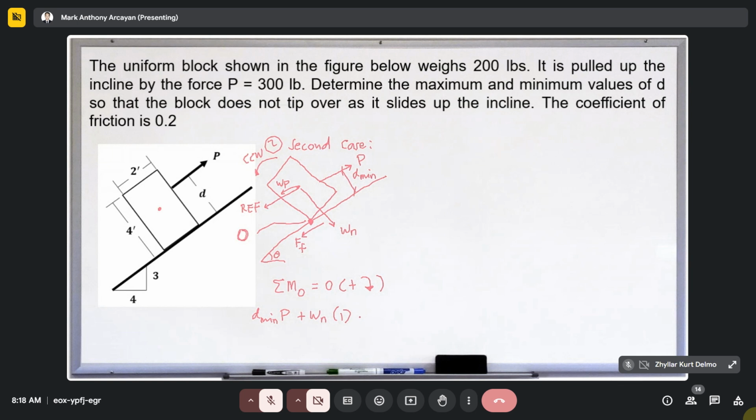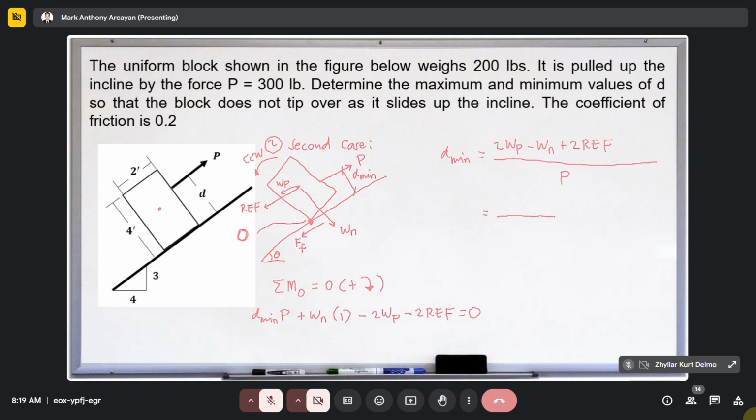Starting with the parallel component, that's minus. Its distance from O is half of the height. So minus 2 times Wp. And then minus 2 times the reverse effective force is equal to 0. Therefore, the minimum value of our distance d is equal to the parallel component minus the normal, and then plus twice the reverse effective force all over force P.